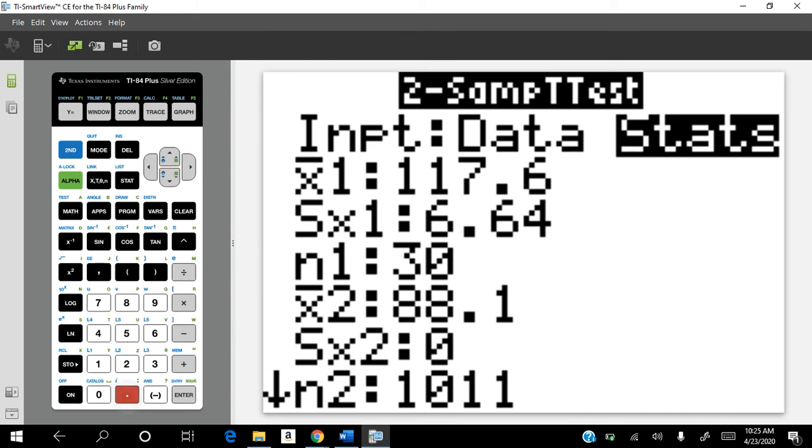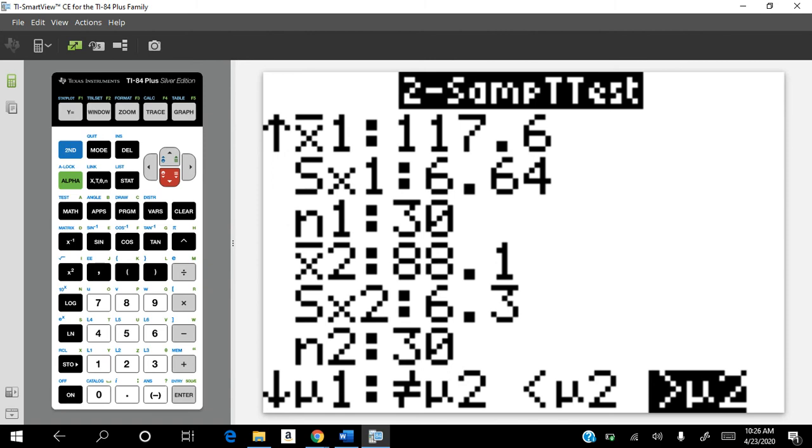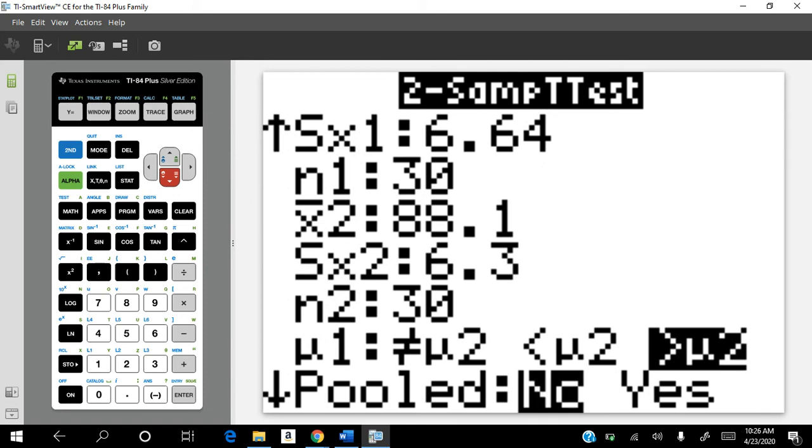Standard deviation is 6.3 and 30. And we thought we were pretty sure that the first mean is greater than the second mean, so we've already had that selected. Now, when you are entering your stuff in your calculator for a 2-sample t-test, you are not going to pool. You only pool for proportions. Easy to remember, PP. You only pool for proportions.